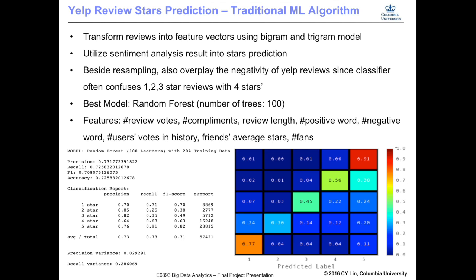The best model we achieved is the random forest, which has 100 trees. The features we used are the number of review votes, the number of compliments, the review length, the number of positive words, the number of negative words, the user's votes in the history, the user's friends' average stars, and the user's number of fans.